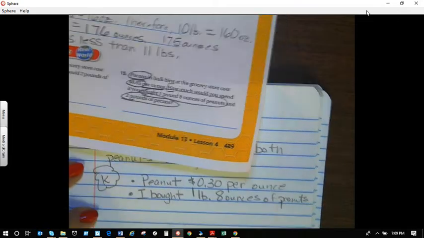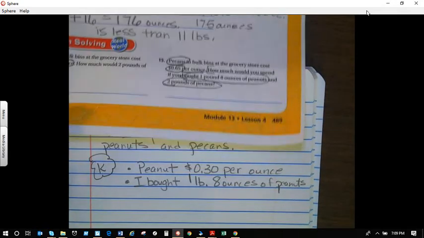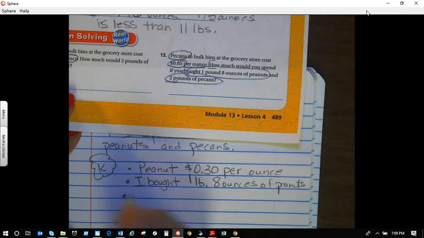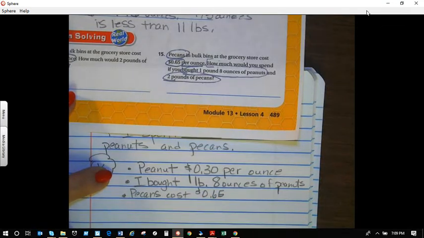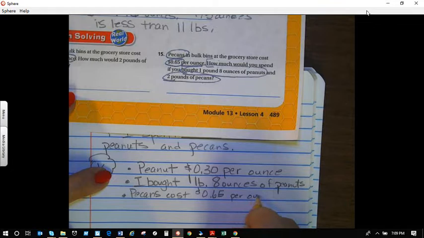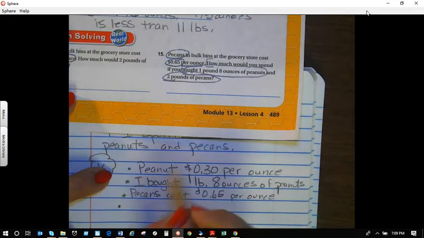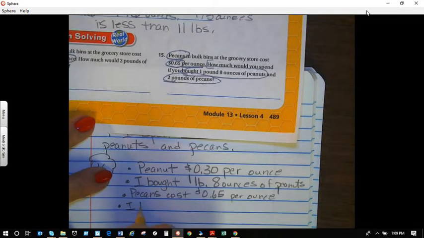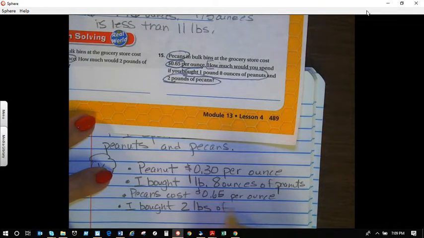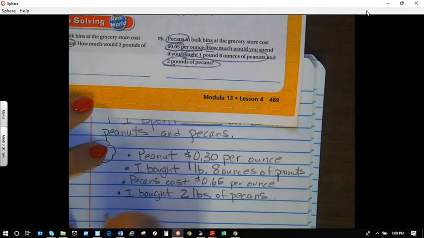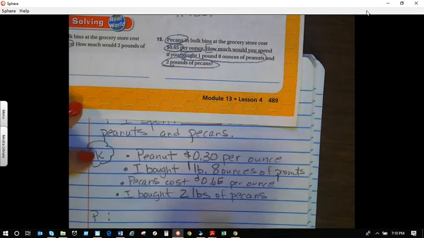I also know that pecans cost 65 cents, and they've always been more expensive per ounce. I also know I bought 2 pounds of pecans. Okay? So, my plan, what do I need to do here?